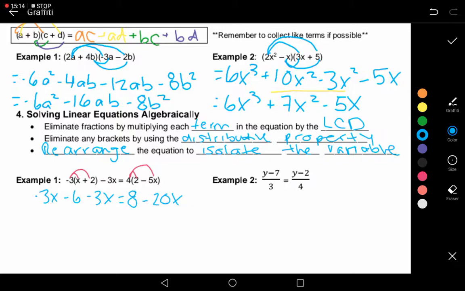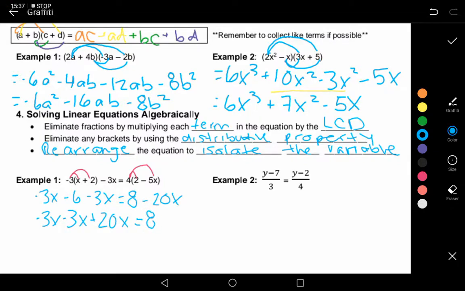Okay. So I'm going to move all of my x's to the left-hand side. So I have negative 3x already over there, another negative 3x. When I move my 20 over the equal sign, it's going to become positive 20x. I'm going to move all my integers, which is just whole numbers, to the right-hand side. So I already have an 8 over there.